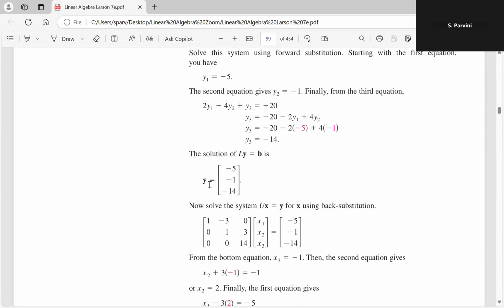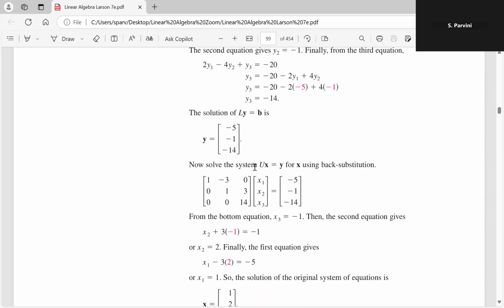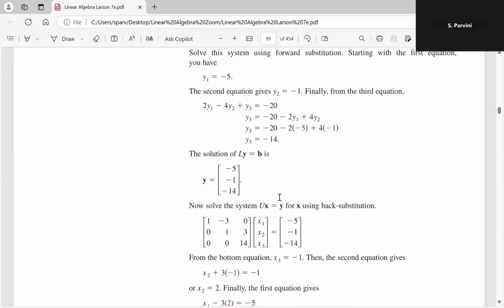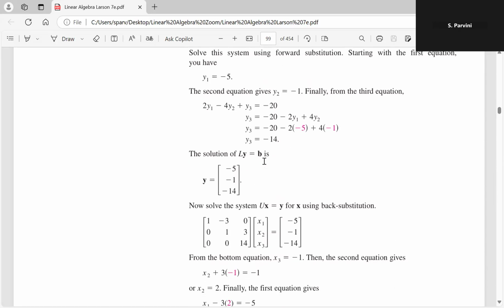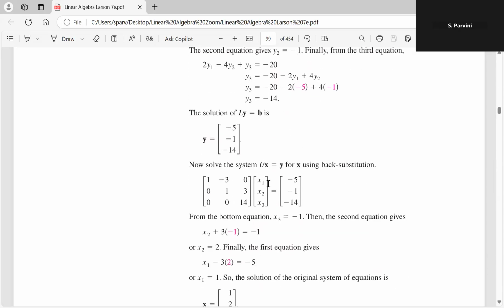Now, once we have the solution to y, remember this is Ly equal B. It says now solve the system Ux equal y for x using back substitution. So this is now the upper triangular matrix, the upper times x.